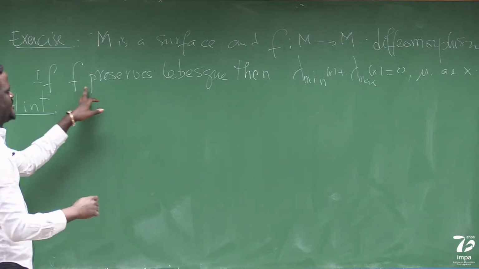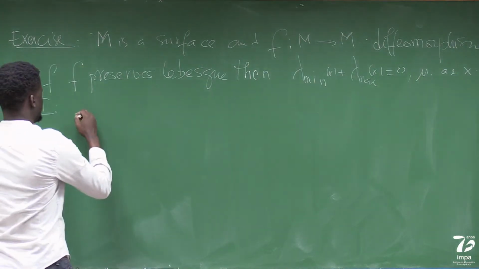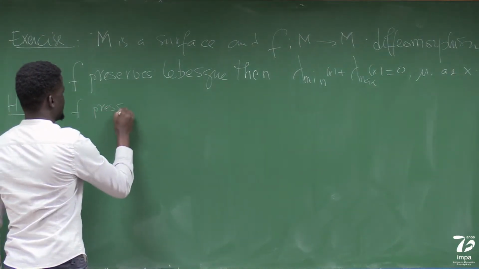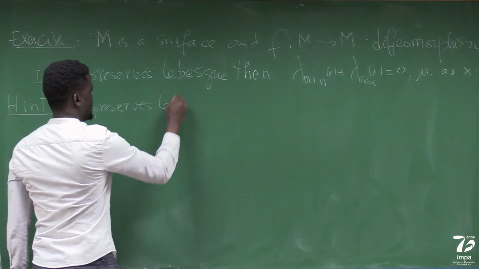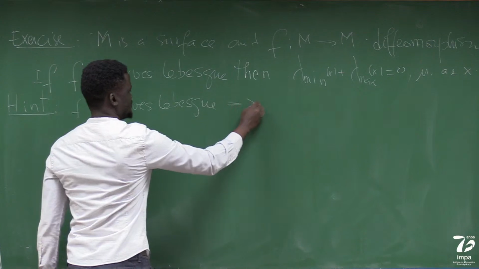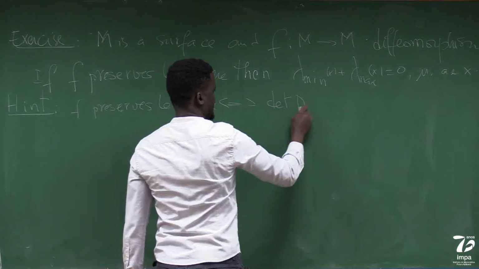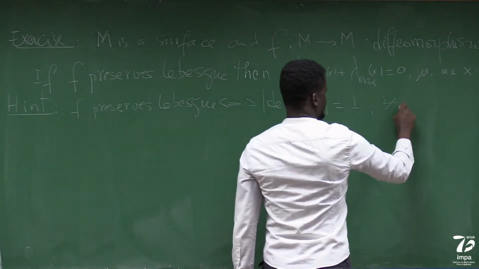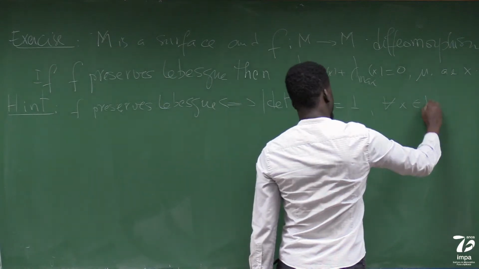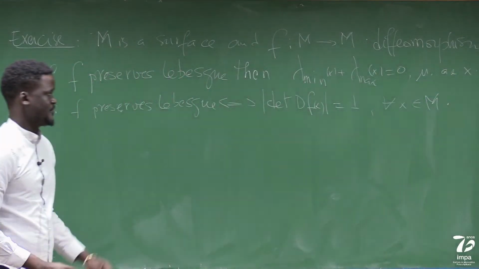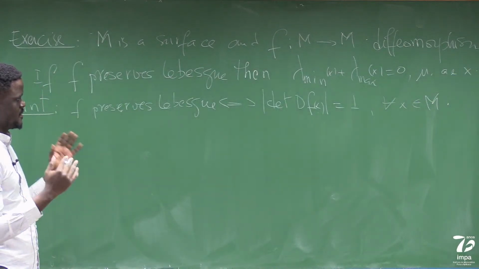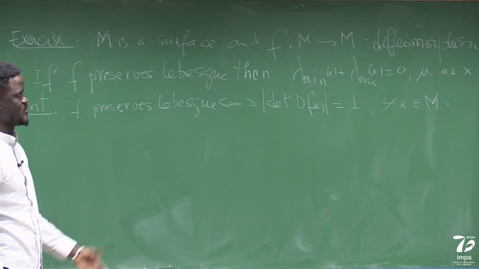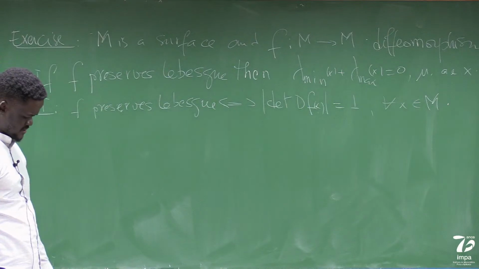We have seen that preserving Lebesgue, remember, we have seen this exercise, F preserves Lebesgue is equivalent to the determinant of dF is 1 for all x in M. So if you preserve Lebesgue, the determinant is 1. We have seen how to do this.